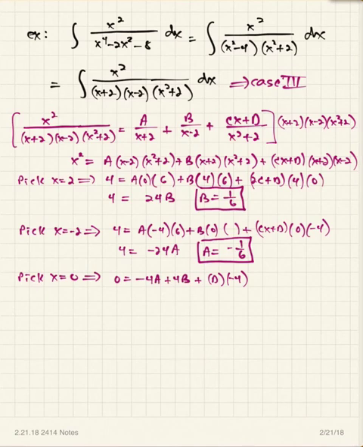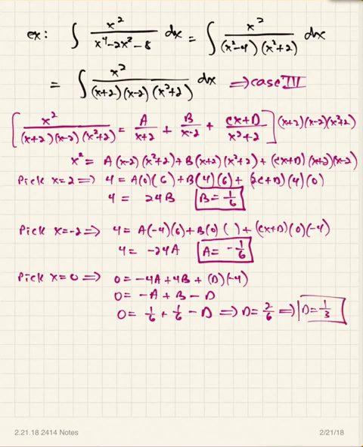So dividing out a 4 there, you get 0 is equal to negative a plus b minus d, right? And what do we know here? That a is negative 1/6, so this is 1/6. b is 1/6. And so that gives me that d is equal to 2/6. So d is equal to 1/3. All right, so we're making good progress here.